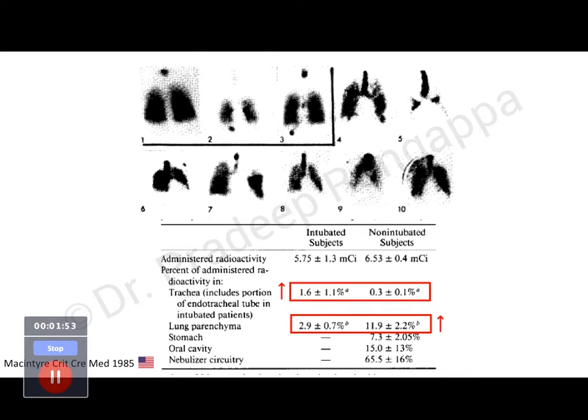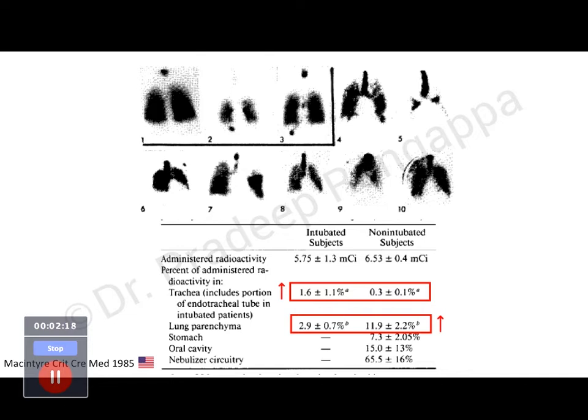If you see this left side of the column, in all these studies that you'll see in the talk, the deposition is indicated by radioisotopes, because that is the only way to see how the deposition is happening. In intubated patients, they found, and this was way back in 1985, obviously things have improved, that the main deposition was in the trachea and extremely less in the lungs.